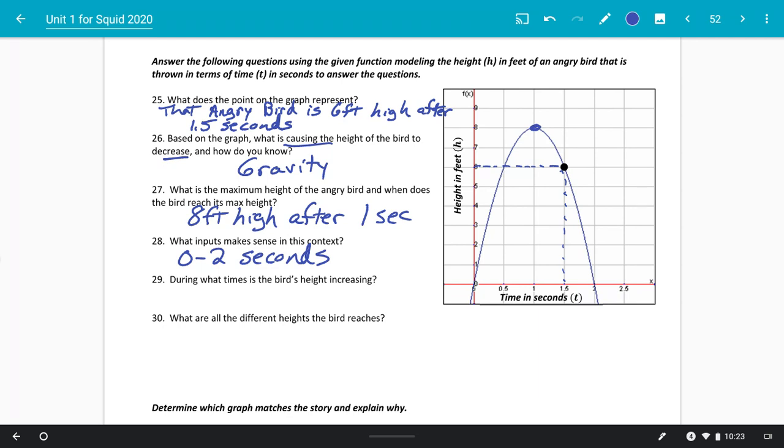Number 29, during what time is the bird's height increasing? From 0 to 1 second. You can see it's increasing right here from 0 to right there, which is 1 second. And then what are the different heights the bird reaches? From 0 to 8 feet.